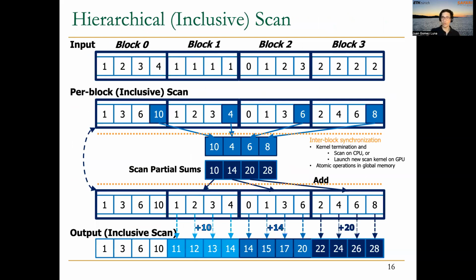First of all, we calculate the scan inside a block, then we scan the arrays of partial sums, and finally we update with certain offsets per block the array of per block inclusive scan. This is one of the implementations, the scan add implementation. We also talked about the reduce scan, which might be more efficient for large arrays.